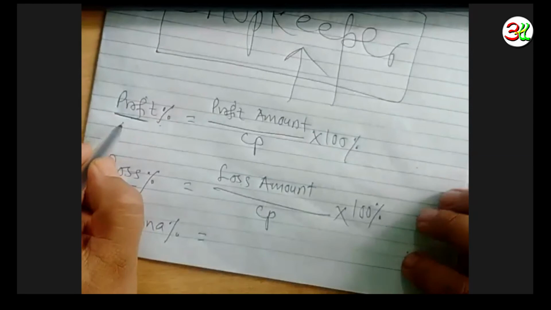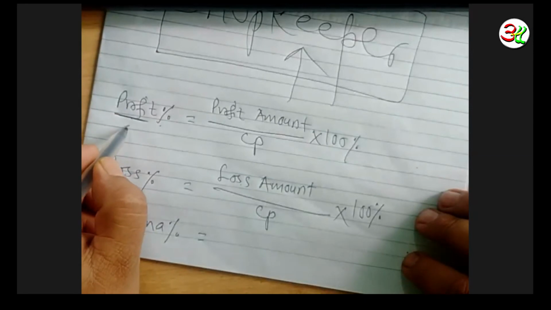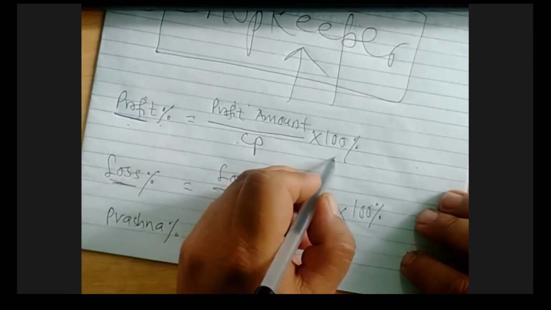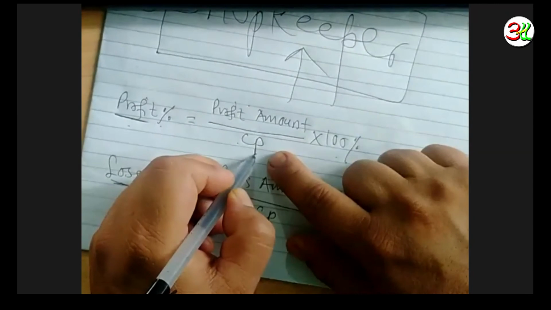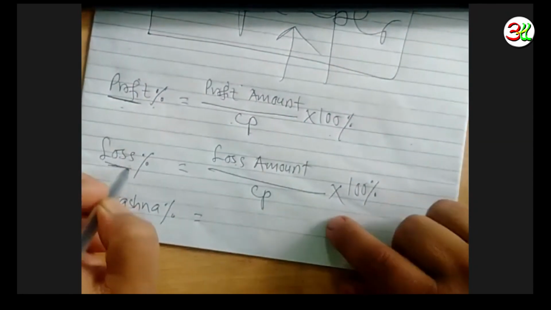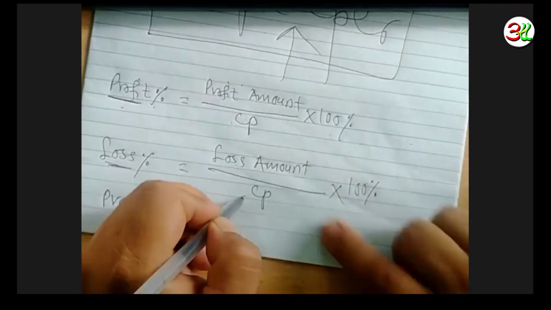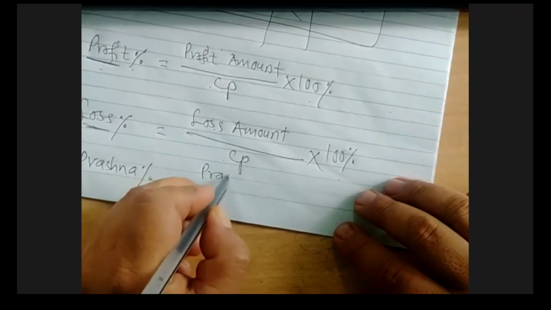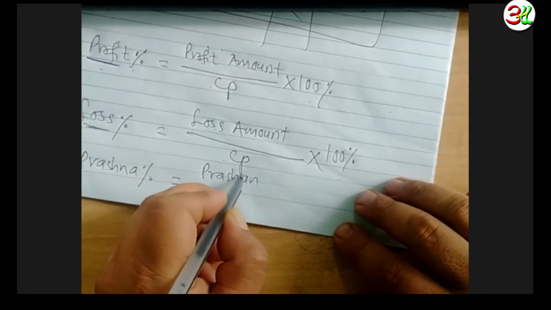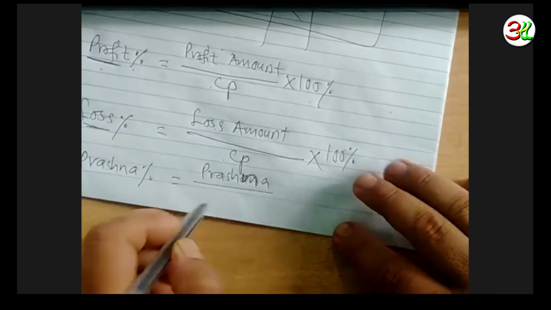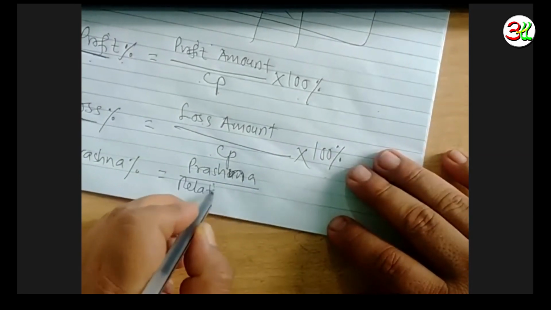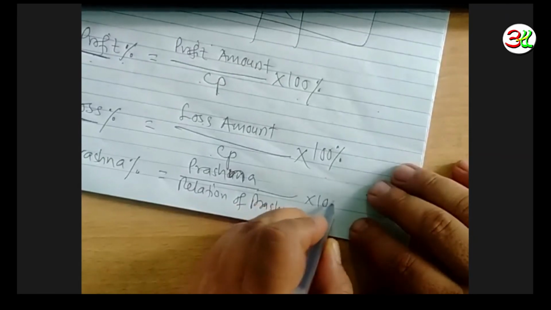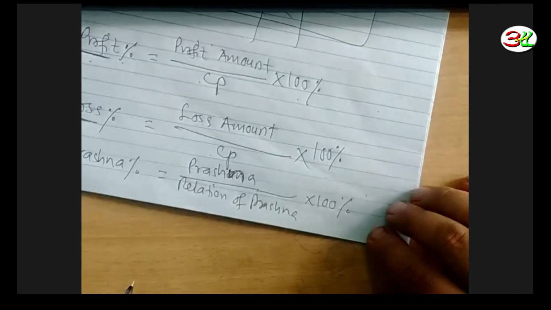Look here. How do we get profit percentage? Profit amount by relation of profit into 100%, because profit relates to cost price. And loss percentage, loss amount by relation of loss into 100%. So Prasna percentage, Prasna divided by relation of Prasna into 100%.